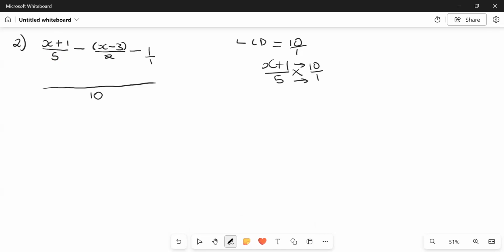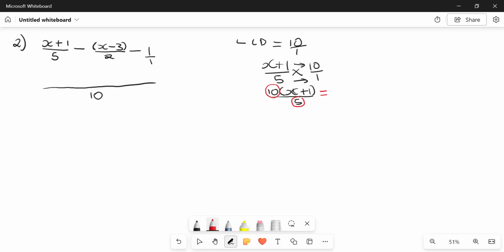So now we have x plus 1 times 10. We end up getting 10 times x plus 1 over 5, because 5 times 1 is just 5. But now I want you guys to pay attention to this. This is the same as 10 divided by 5.